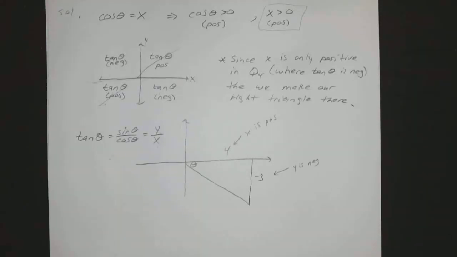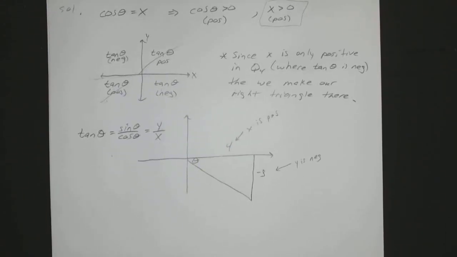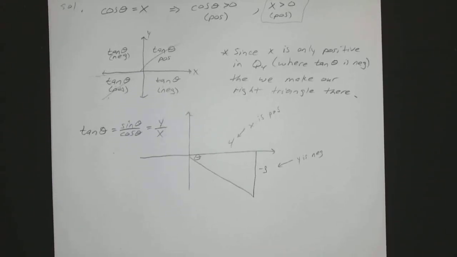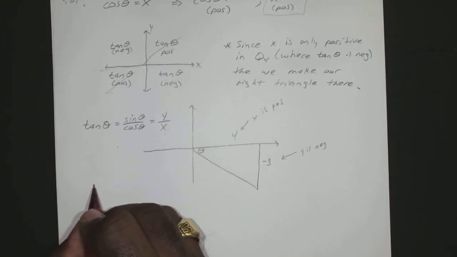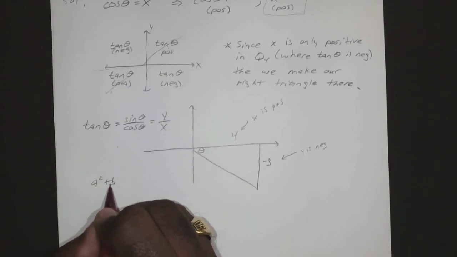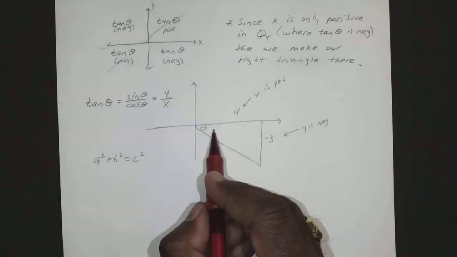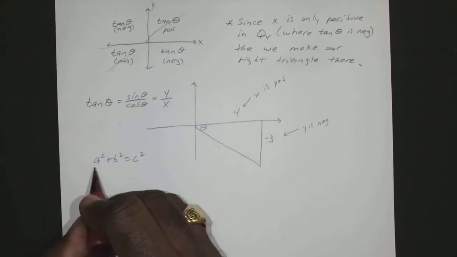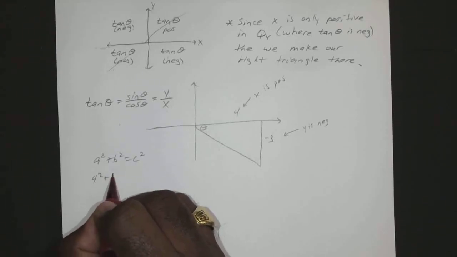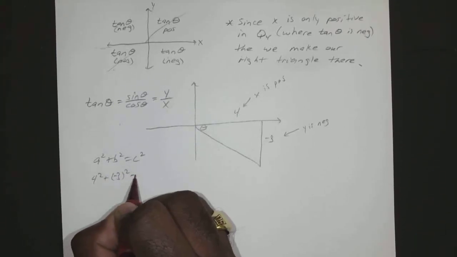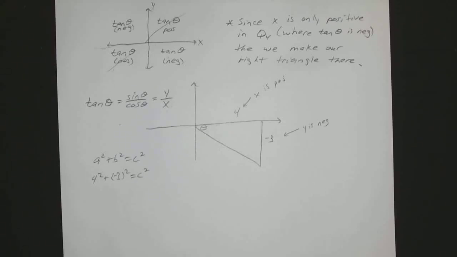Okay, so now all we have to do is use the Pythagorean theorem and figure out our missing hypotenuse. And once we find our hypotenuse, we can go ahead and solve for all the other missing trig values. So a squared plus b squared equals c squared means you have 4 squared plus negative 3 squared equals c squared.